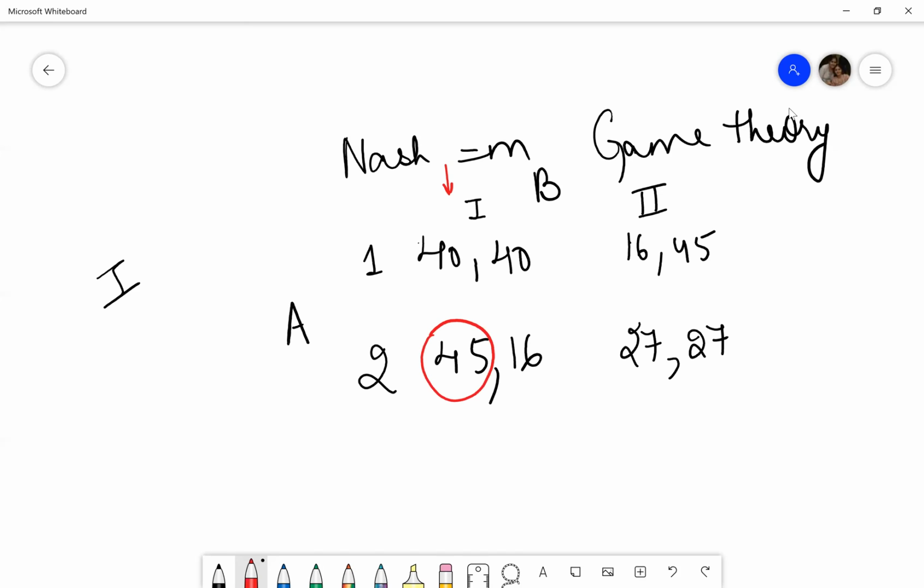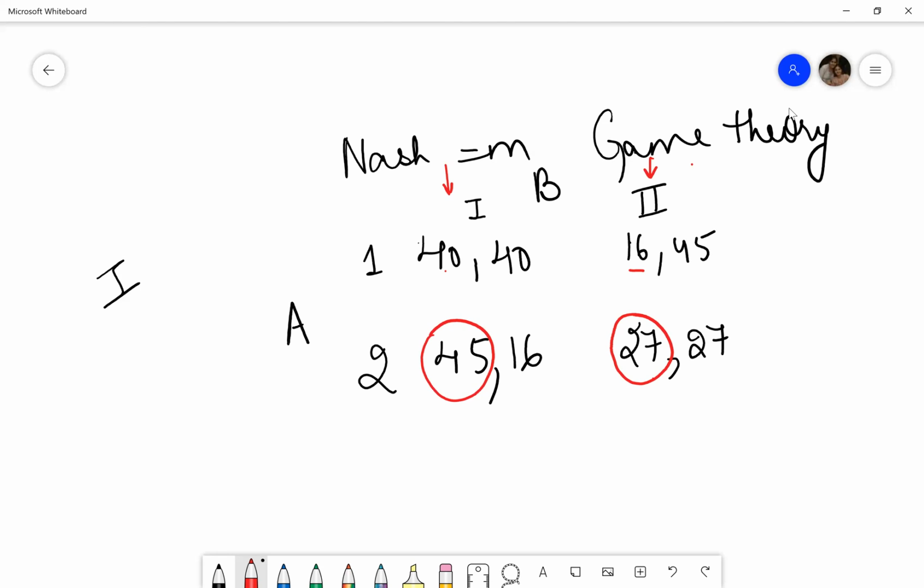Moving on to the second strategy: if B follows the second strategy, then A will again follow the second strategy because it is giving him more payoff as compared to the first strategy, right? So 45 is greater than 40 as well as 27 is greater than 16.